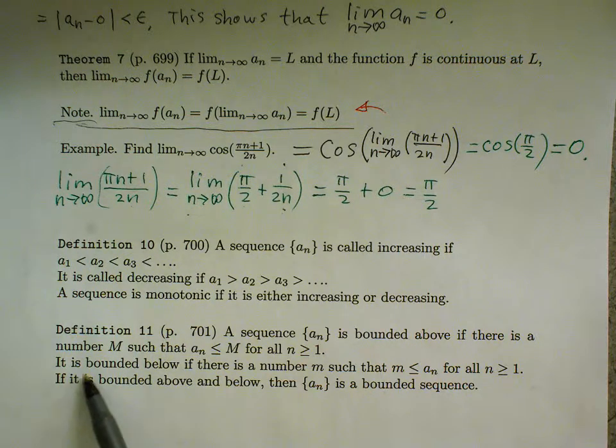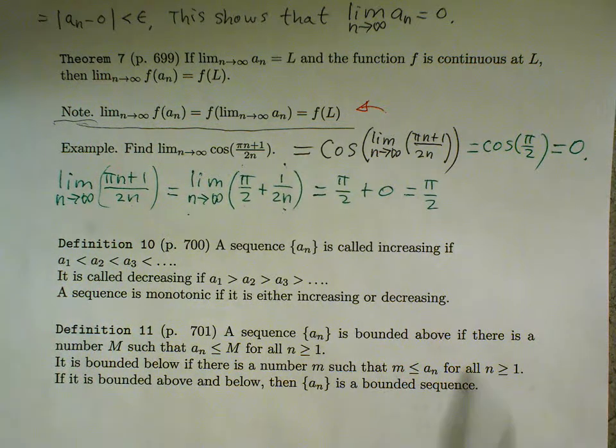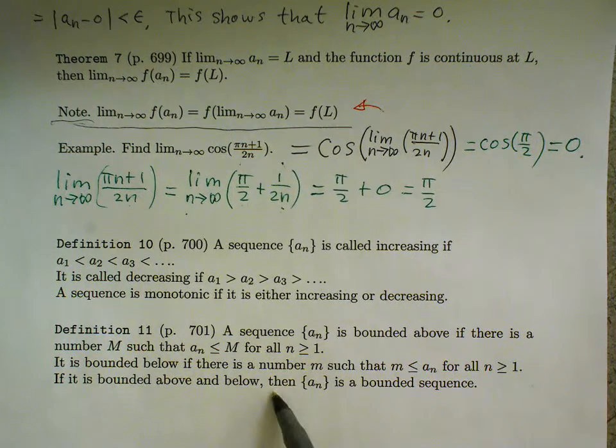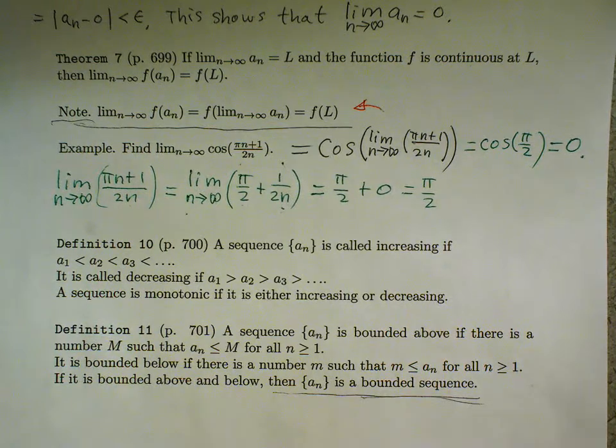The sequence is bounded below if there is a number lowercase m such that lowercase m is less than or equal to a sub n for all n greater than or equal to 1. It's possible for a sequence to be both bounded above and below, and if that's the case, the sequence is just referred to as a bounded sequence.